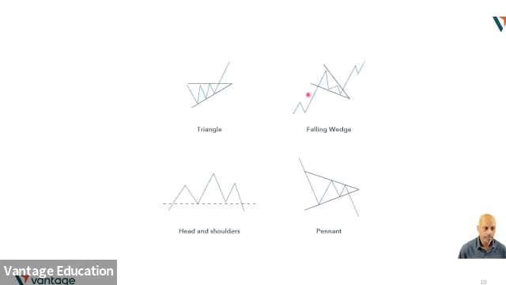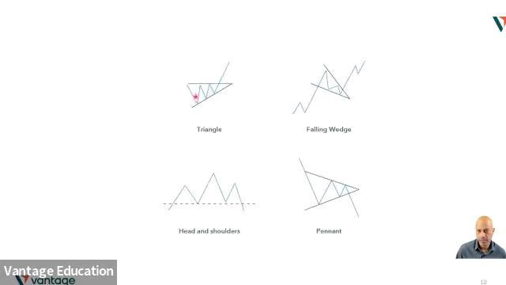All right, so these are some of the common chart patterns that we may see. This is a triangle in this sense. This is an ascending triangle where you can see the horizontal part is flat, so price is pushing against the resistance, but the slope is rising upwards.